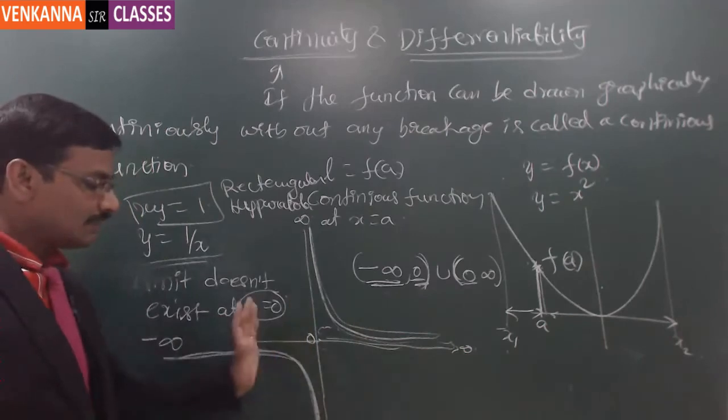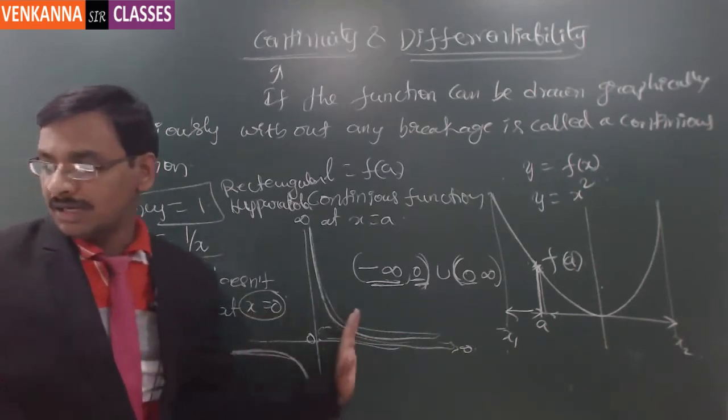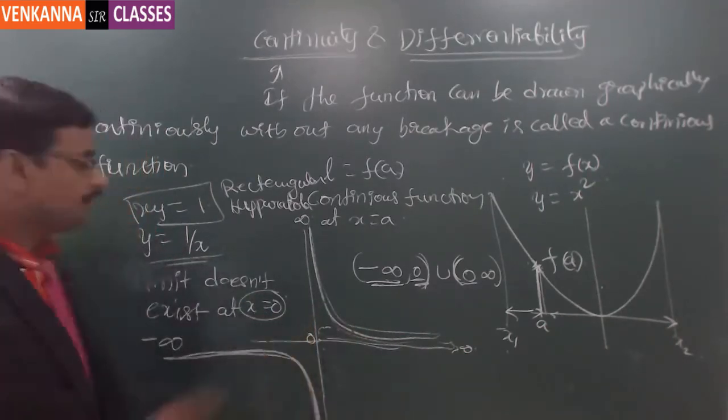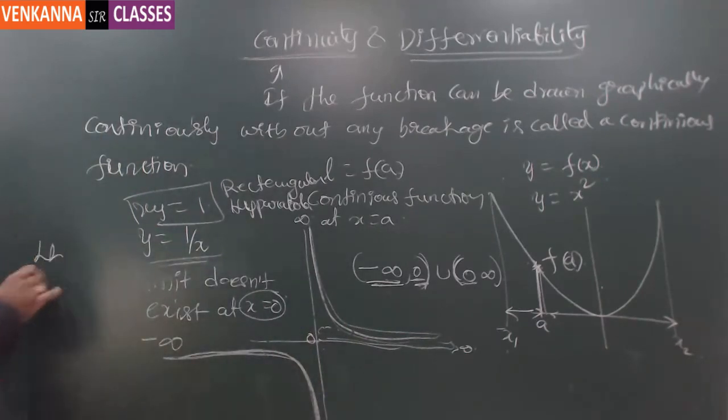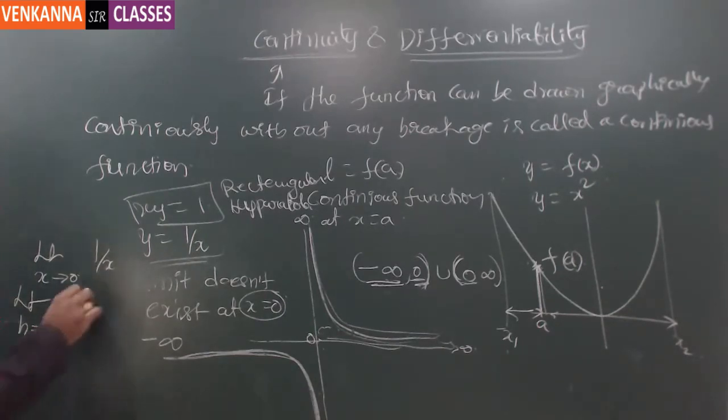You will be testing the left limit and the right limit. To test the left limit, take limit x tends to 0 of 1 by x on the left side, that is 0 minus h, limit h tends to 0, then 1 by 0 minus h.